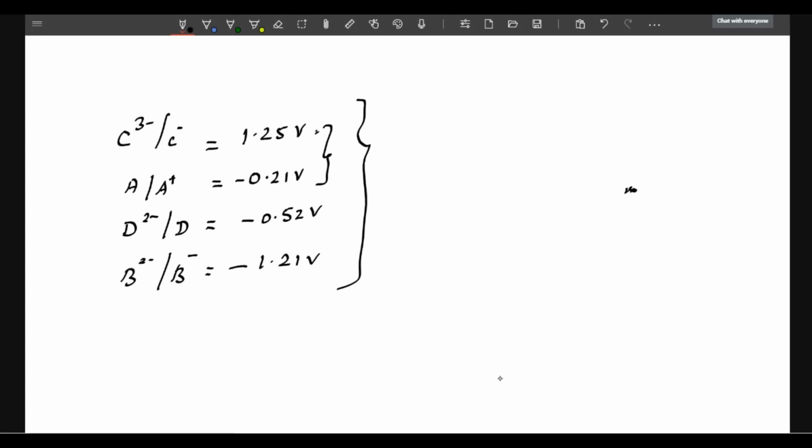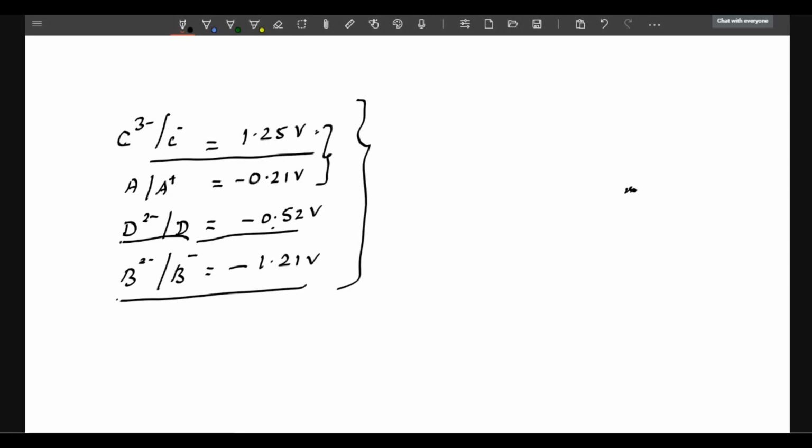Similarly, C can act as the anode and D bar as the cathode, because in these two combinations, C has the higher oxidation potential. Among C and B, definitely C would act as the anode only, and B as the cathode only.